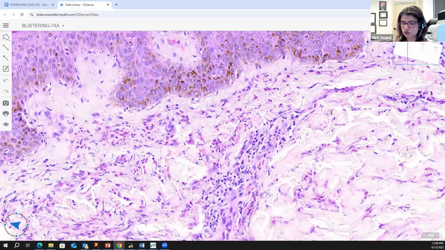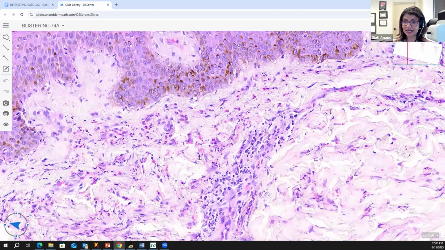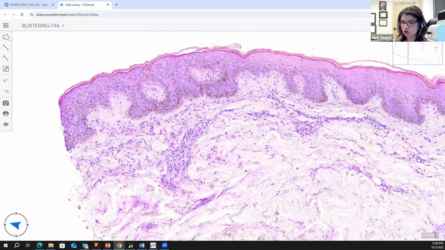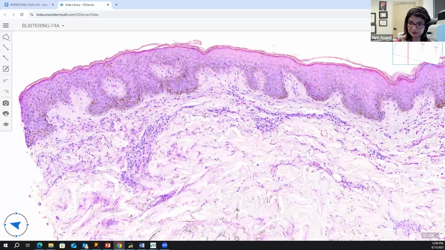In general, when you see eosinophils in the skin, you're thinking about A, B, C, D. A stands for arthropod assault, B stands for bullous pemphigoid, C stands for contact dermatitis, and D stands for any drug reaction. In arthropod assault, you would expect to see a much deeper eosinophilic infiltrate. In contact dermatitis, you would expect to see much more spongiosis with that degree of eosinophilia.